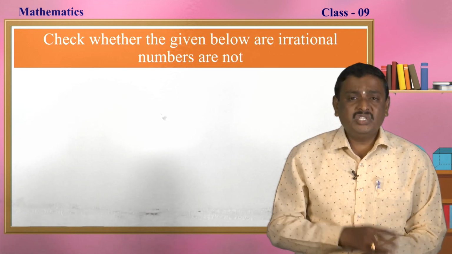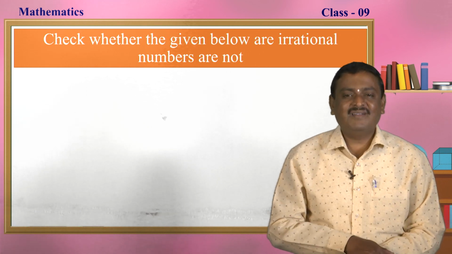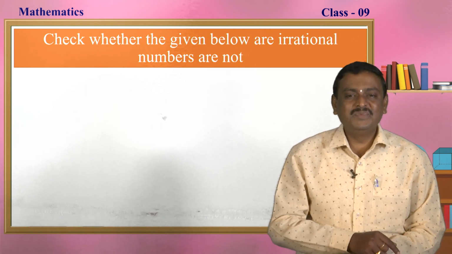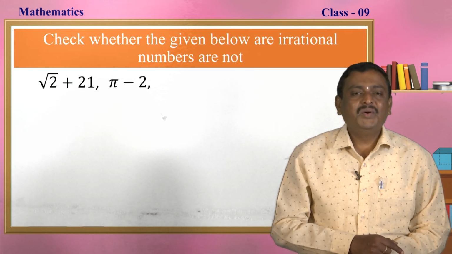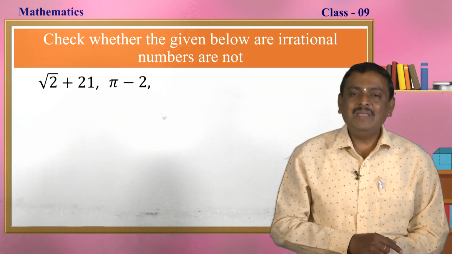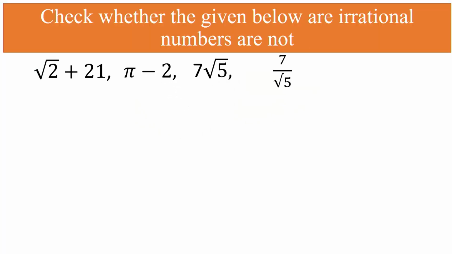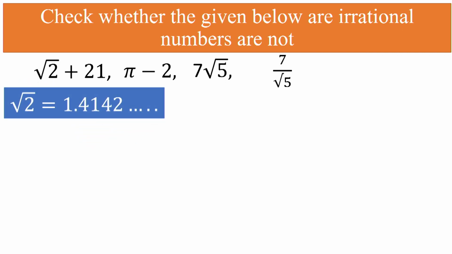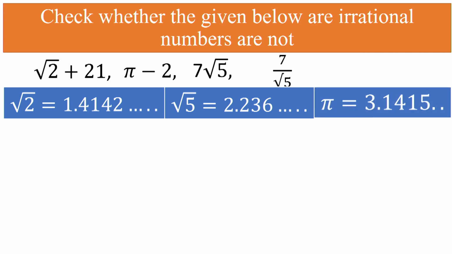We want to solve some problems. Check whether the numbers given below are irrational or not. The examples are root 2 plus 21, pi minus 2, 7 root 5 and 7 by root 5. We know root 2 is 1.4142, root 5 is 2.236, and pi is 3.1415.